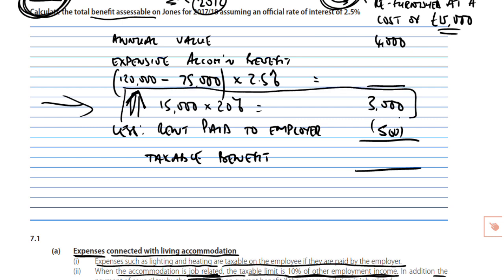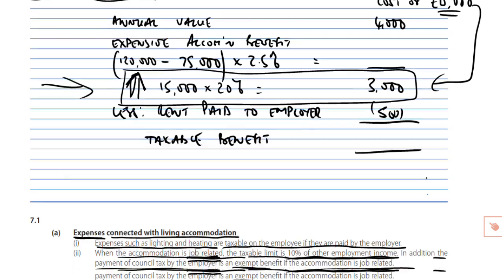So that, therefore, would be an extra benefit in relation to other assets made available for private use. So we will see this rule again in relation to other items, but again, it's usually applicable in terms of living accommodation.